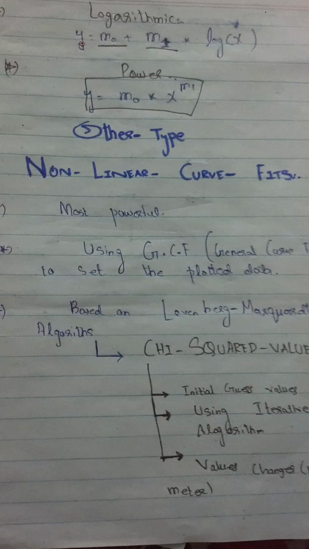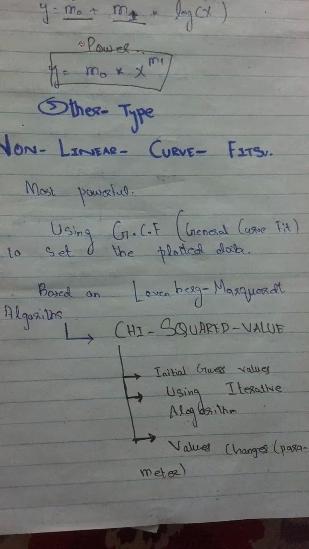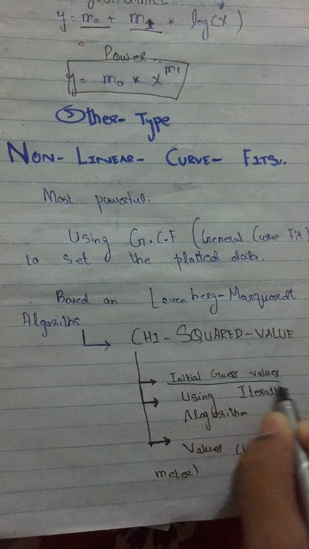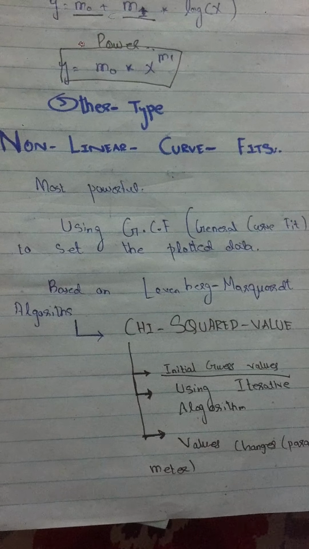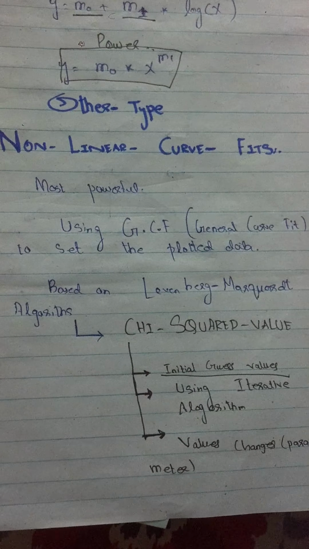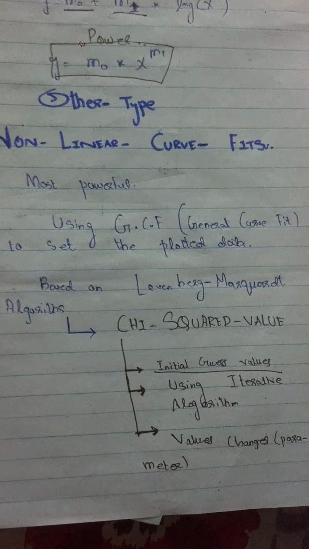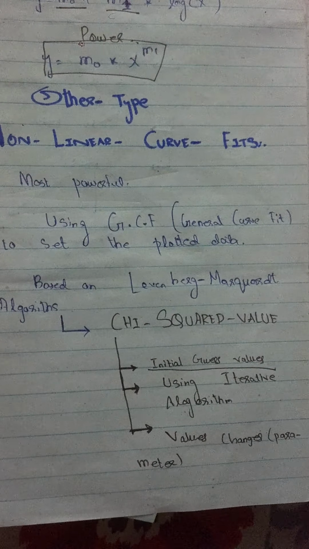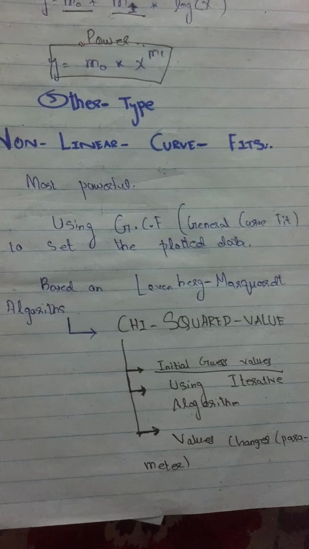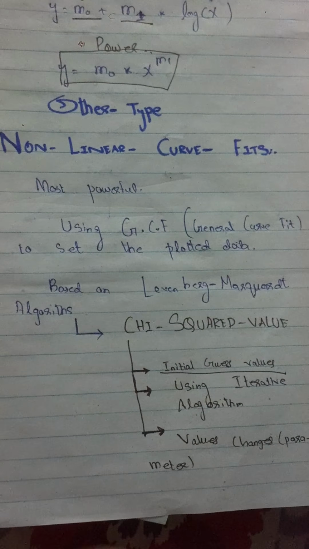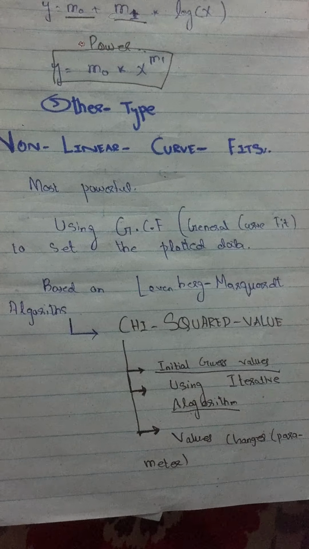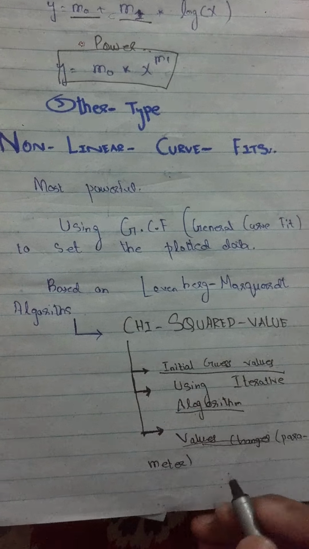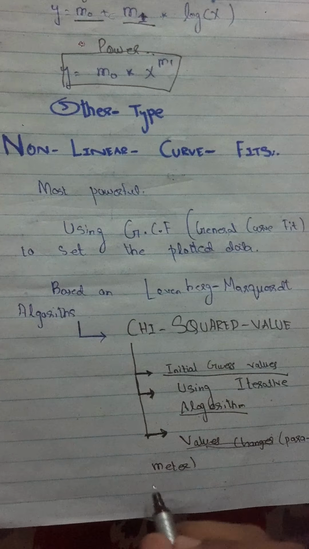In the equation, the parameters are initially taken as guess values, and after each iteration it tries to increase the efficiency, so the parameters of the equation slightly become correct in each and every iteration, and at the end the line becomes the best fit. The values change after each iteration, as it is written over here.